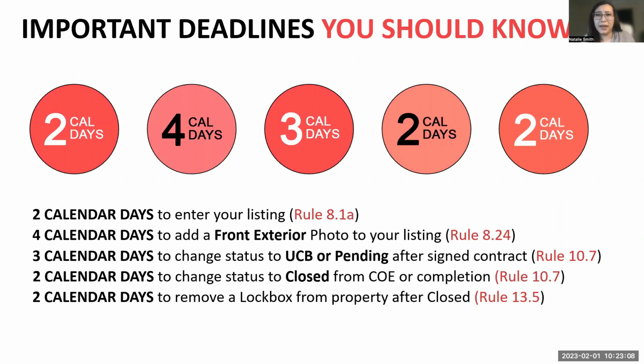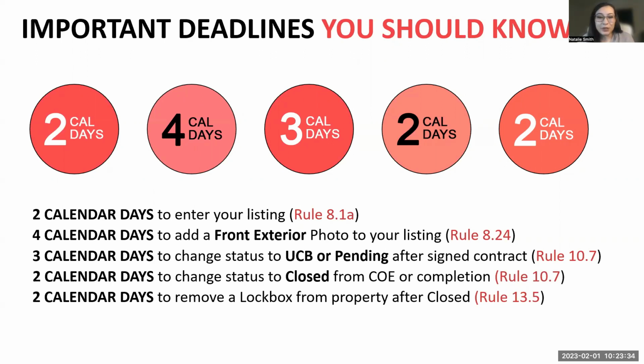The listing is going to automatically close. And then 2 days to remove that lockbox after closing. Now, I do want to point out that even if your listing expires or you happen to cancel the contract, you must remove that lockbox 2 days after it cancels or expires as well. Make sure that you get that $100 of your lockbox back in your garage.